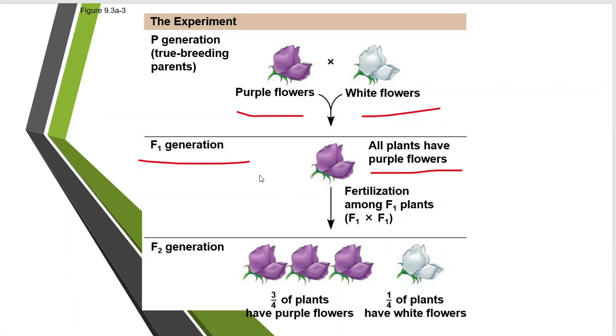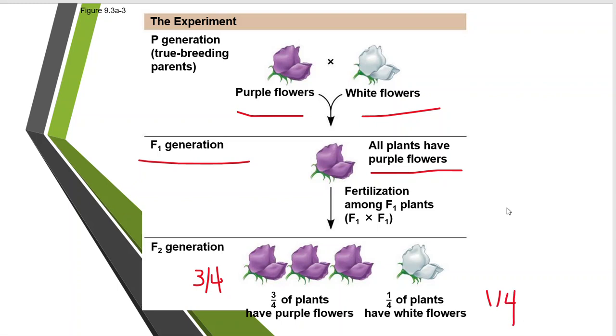And then these purple flowers will cross-pollinate each other without our help. When they do that, 3/4 of the flowers will be purple and 1/4 will be white.